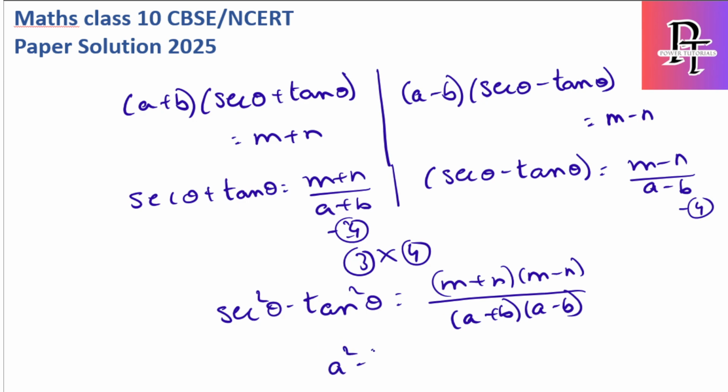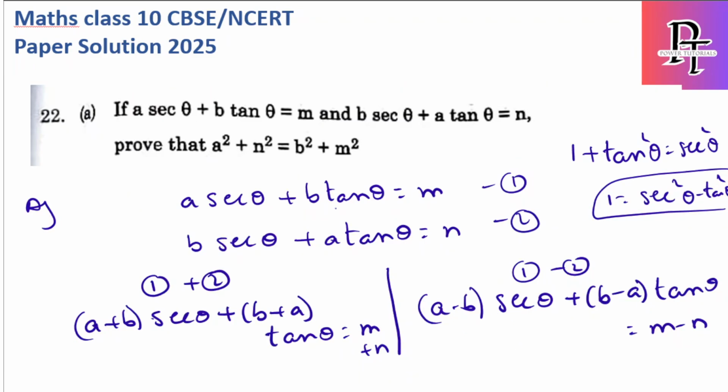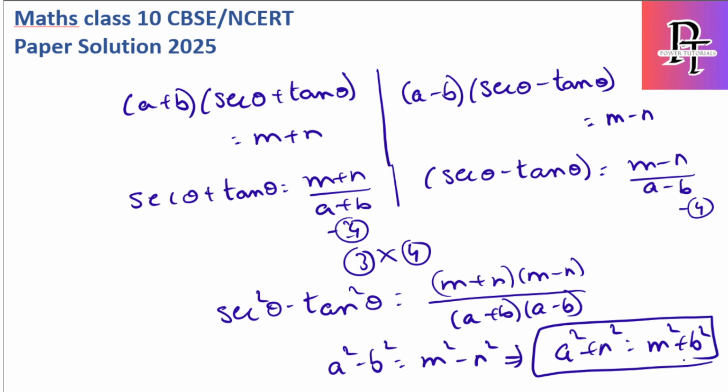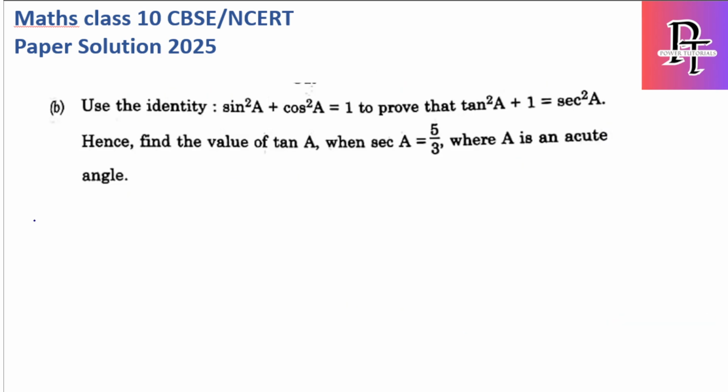I will get A square minus B square is equal to M square minus N square. So what is the question they have asked? A square plus N square. So I will move N square to the other side, B square to the right side. I will get A square plus N square is equal to M square plus B square. Okay, a little lengthy, I don't say it is tough. The steps are a little lengthy, that's it.